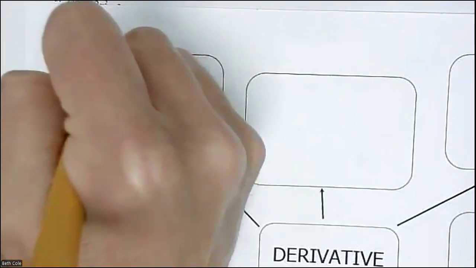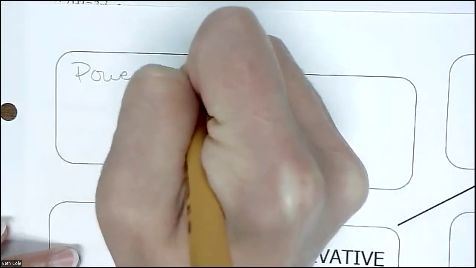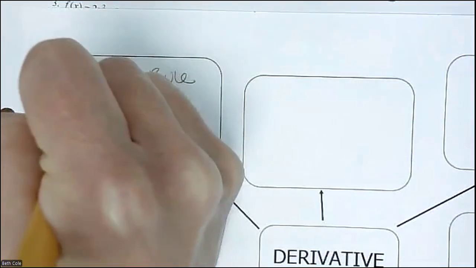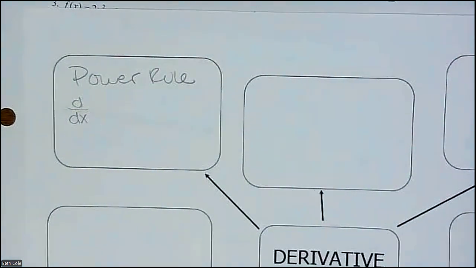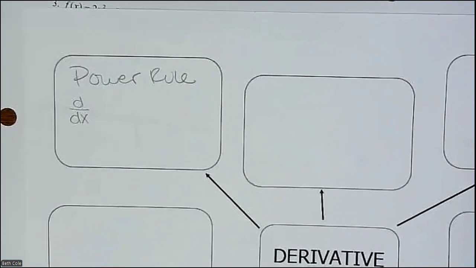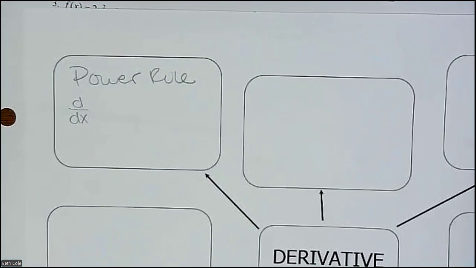So this is your power rule. And what we're going to write is d dx. What that means is instructions to take a derivative with respect to x. So when it says d dx, that means take the derivative of. And the reason it's called the power rule is because it's for powers.